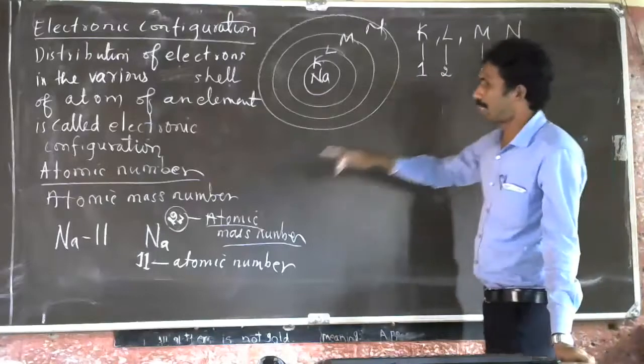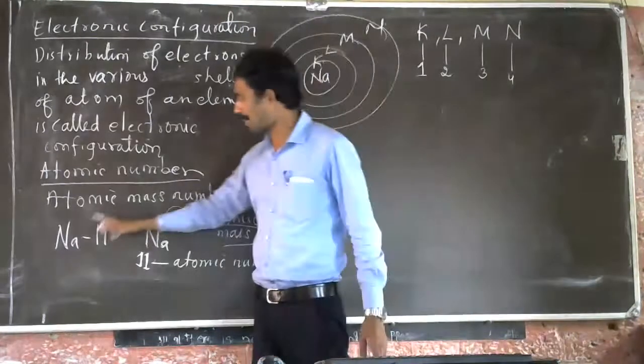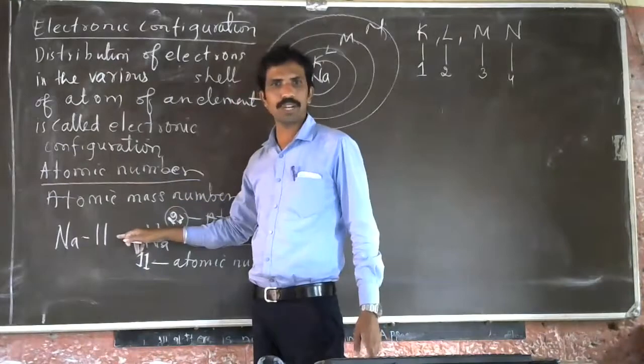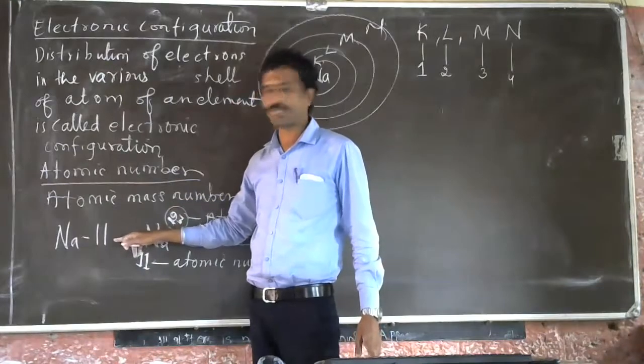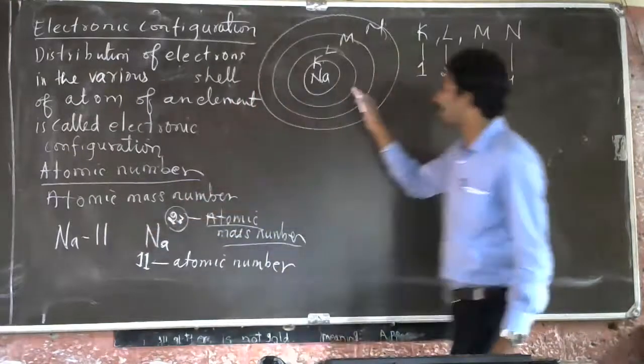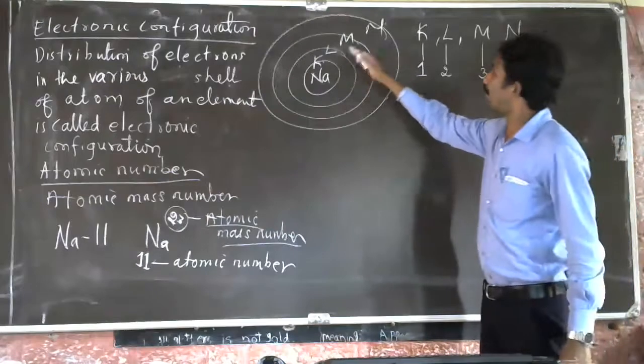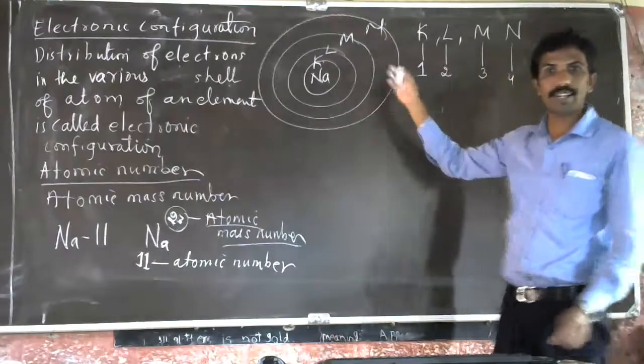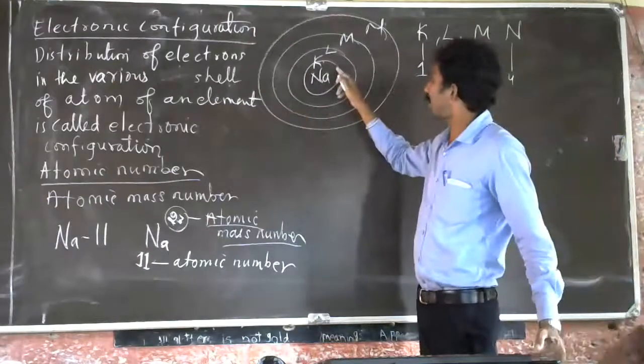The atomic number of sodium is 11. 11 means the number of electrons or protons. How are these 11 electrons distributed? All 11 electrons are not present in one shell.